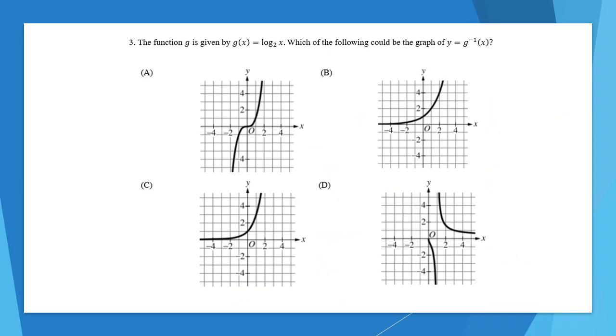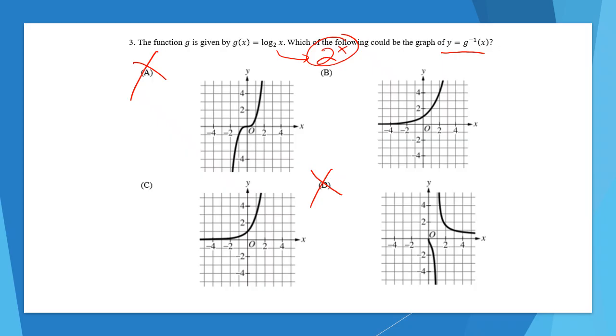For number 3, the function g is given by log base 2 of x. Which of the following could be the graph of the inverse? Here we know from the notes that the inverse should be 2 to the power of x. That's an exponential function, so we can eliminate A and D. Those obviously don't match.